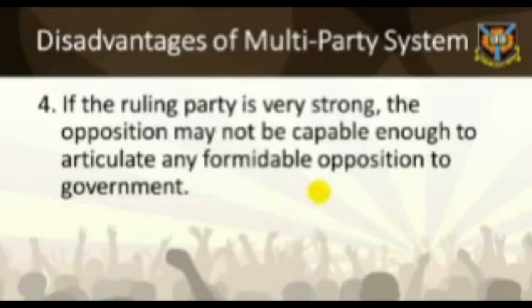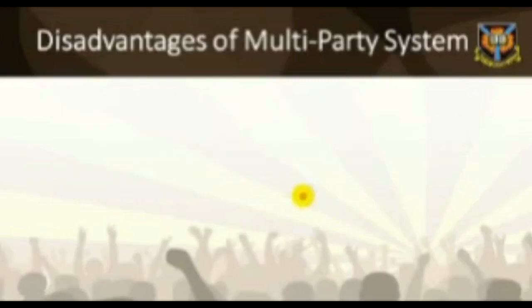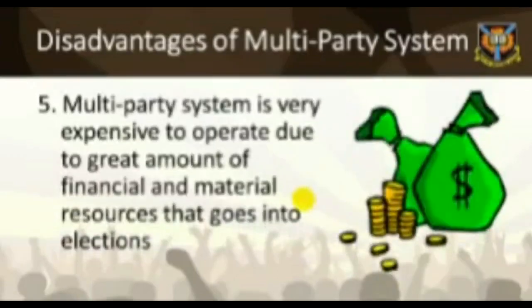Through state resources, the PDP government has been able to amass itself enormous power to the extent that it has great influence over the leaderships of most of the opposition parties, who are ready to trade their party's interests for money.